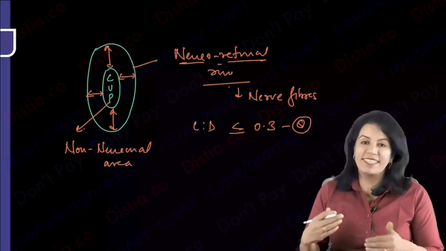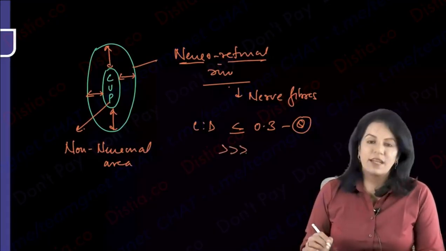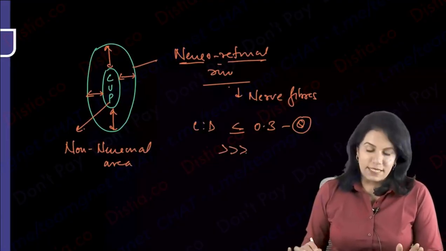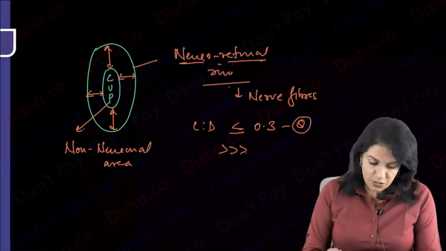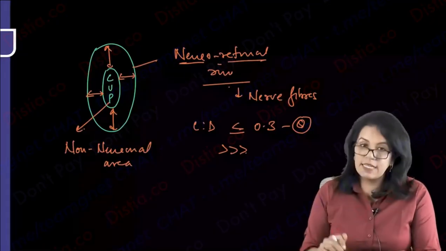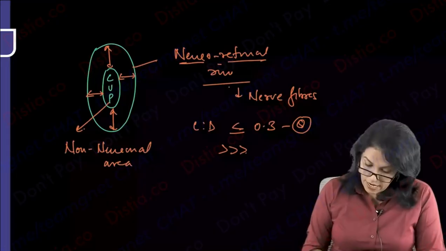So if this ratio increases, this is what is called cupping. Keep listening. If this ratio increases, we are saying it is cupping. So if the ratio is increasing, which area is increasing? Area of the cup. So could we understand this?